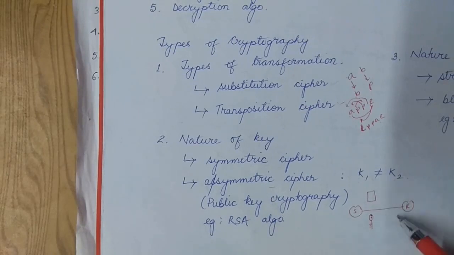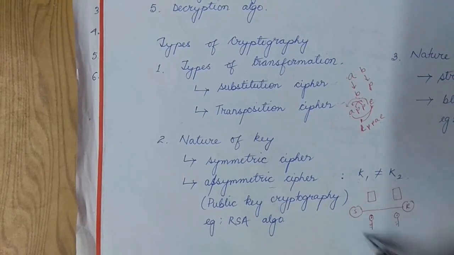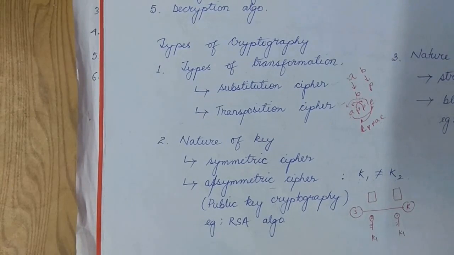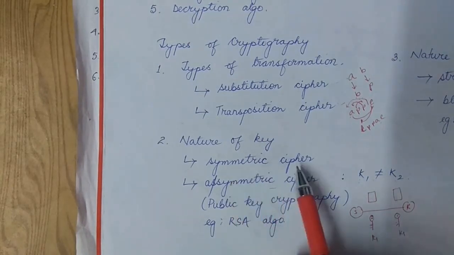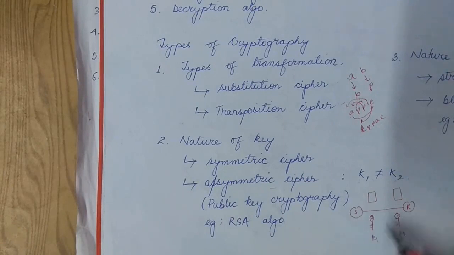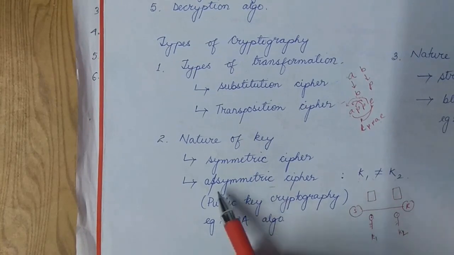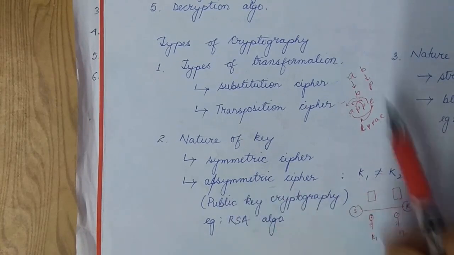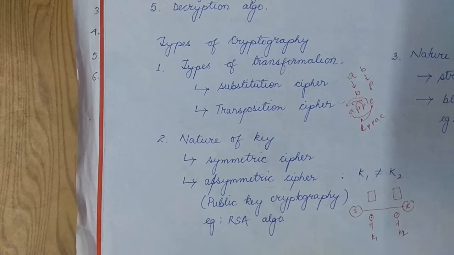If this similar key K1 is used for decryption as well, then we call it a symmetric cipher. Or if you use K1 for encryption and another key K2 for decryption, then we call it an asymmetric cipher. So this is the classification of the cryptography techniques.